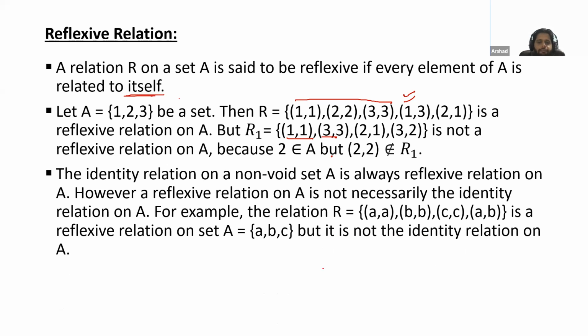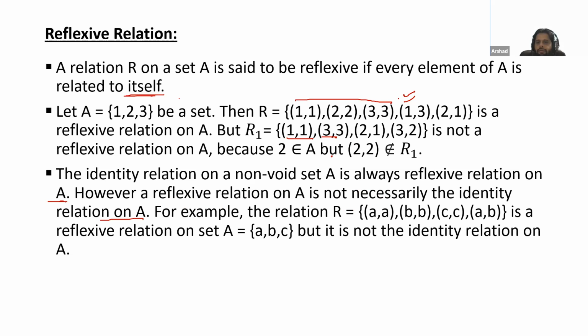Very good. So we can check this point. The identity relation on a non-void set is always a reflexive relation on A. However, a reflexive relation is not necessarily the identity relation on A. I hope this statement is clear to you, that every identity relation is a reflexive relation. That's correct. But the converse of this statement is not always true. That means a reflexive relation is not always the identity relation.